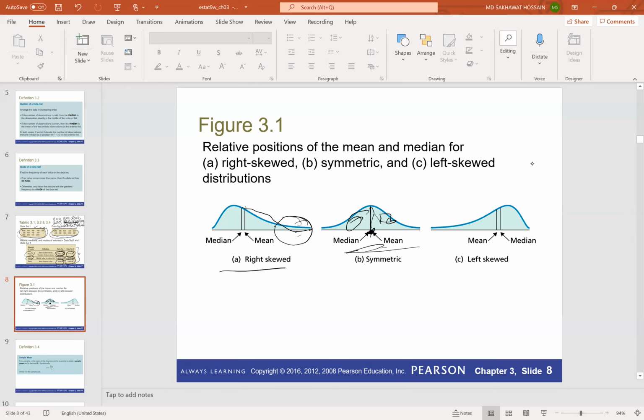So when you have right skewed data, the mean will be shifted to the right. Why will the mean be shifted to the right? Think about that. If you have a data set like this: 2, 4, 3.